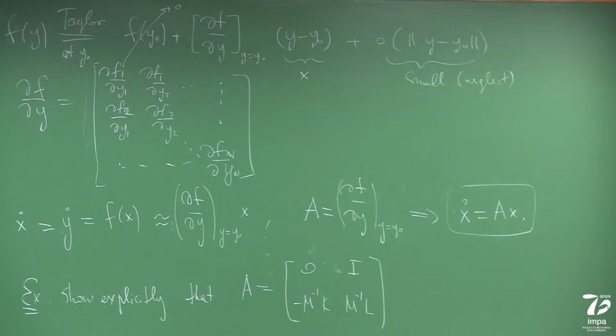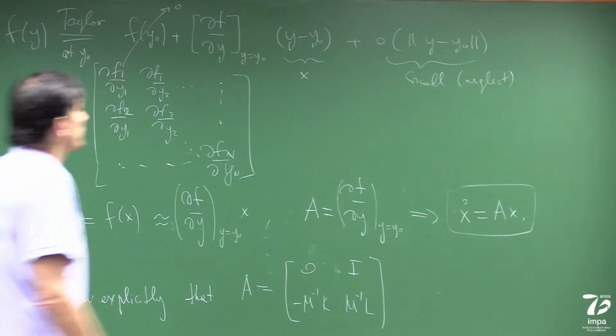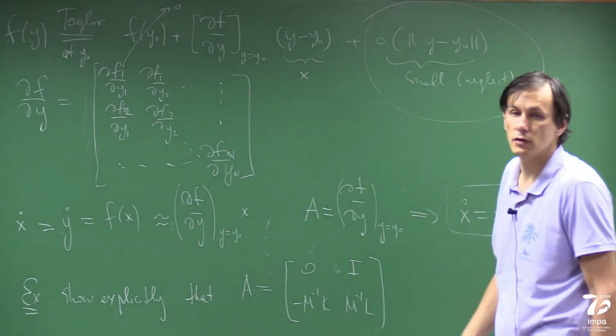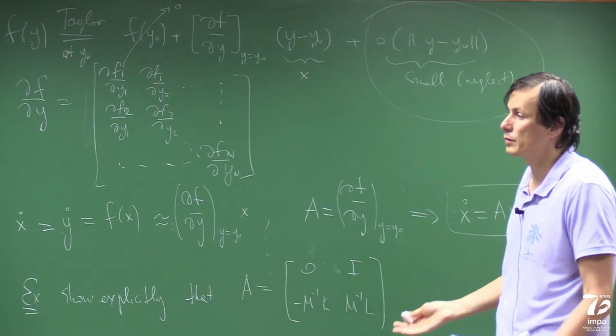So if we solve a linearized system, what can we say about the original system using this solution? Because the systems are not the same. They are not the same because we neglected a small term. This term is exactly the difference between the two. We neglected it, so the systems are different but very close to each other.